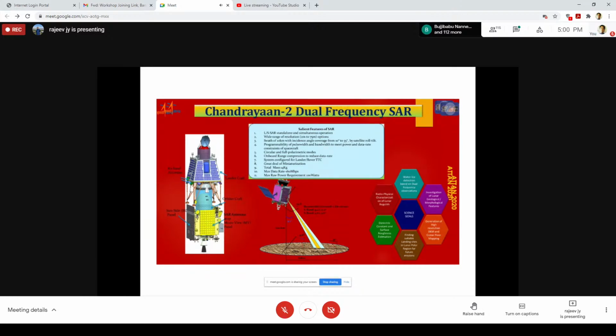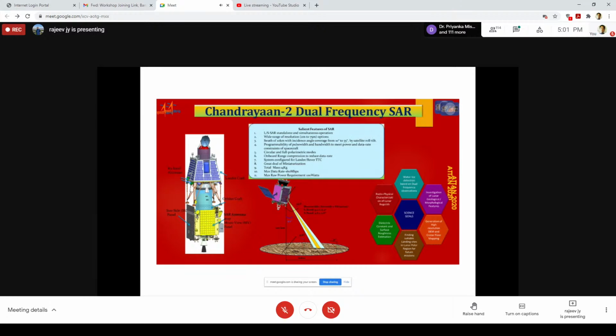This was a very, very difficult design we had at that time, when we were asked to build 4 types of application into a single antenna, which can be used for L-band SAR, S-band synthetic aperture radar, and for communication while it is in orbit, even before going into lunar orbit.